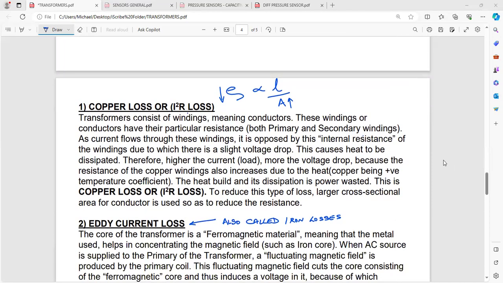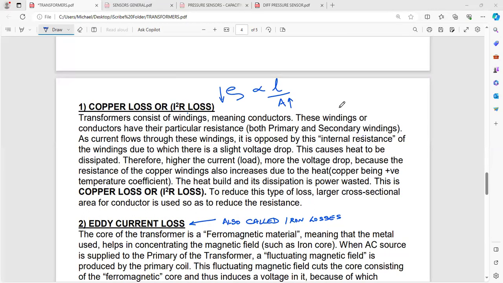Yeah, okay. So that is what I squared R losses or copper losses are. You can only reduce your copper losses by increasing your cross-sectional area, but then you're going to be limited by that. If you have a large cross-sectional area, as I said, you can have skin effect because we are dealing with AC over here.